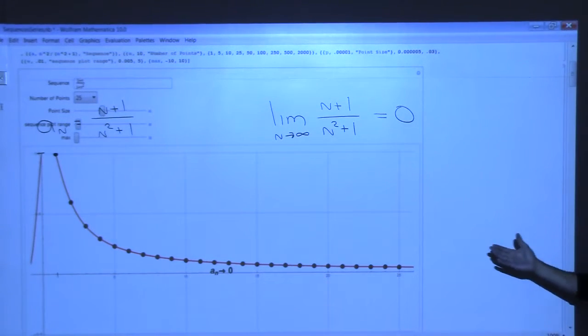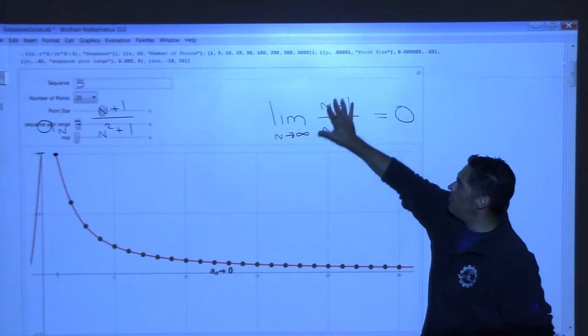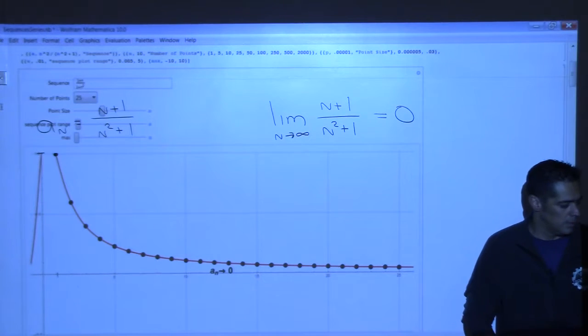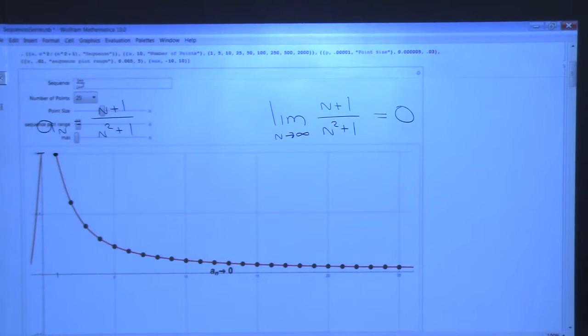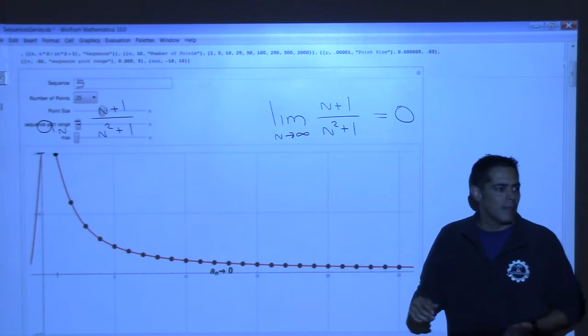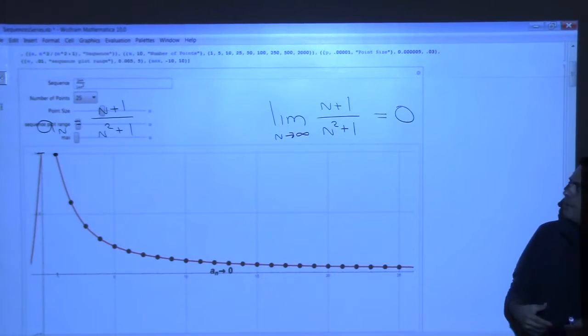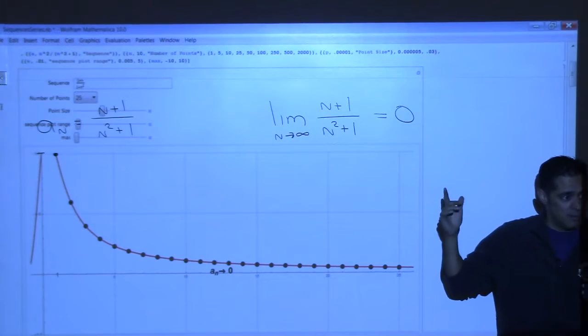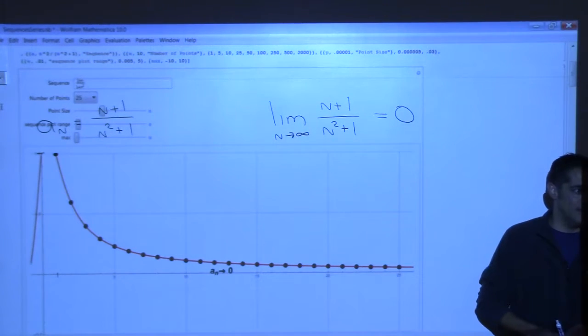Like if we didn't have the picture, how do we know that as we let n get big, this thing goes to 0? Okay, so the bottom, you're saying the bottom increases at a faster rate than the top? I agree with you, but I can give you a sequence where you might have trouble.